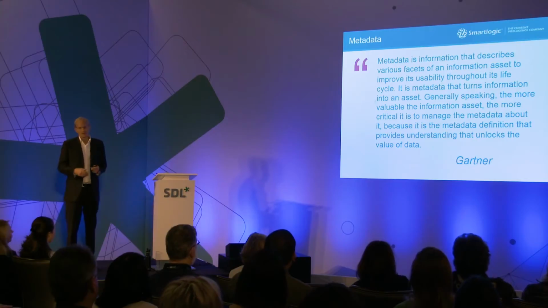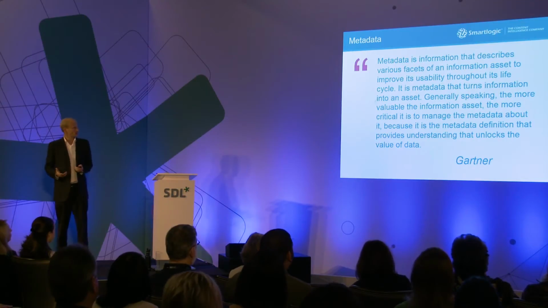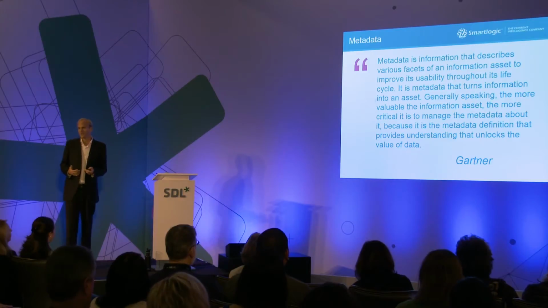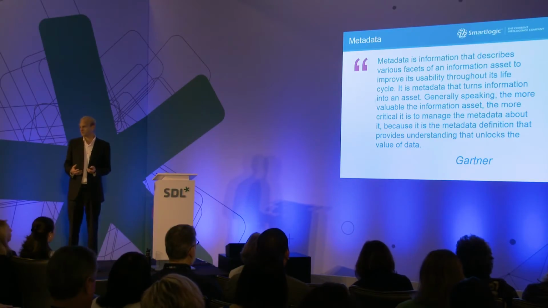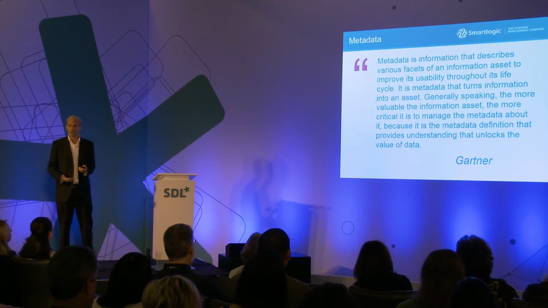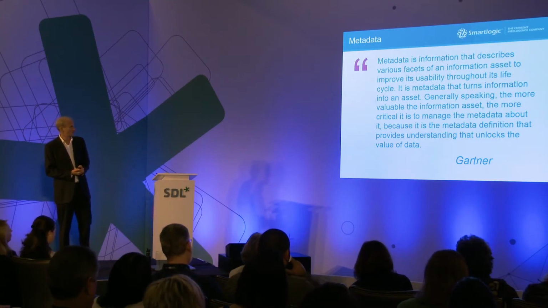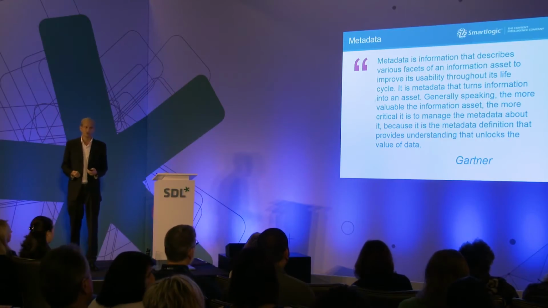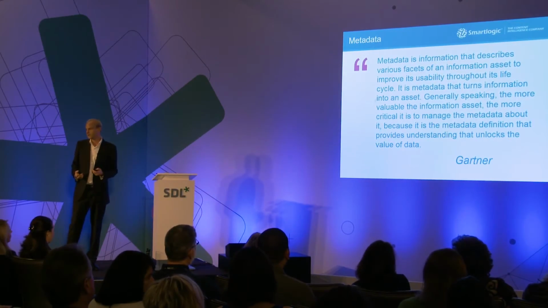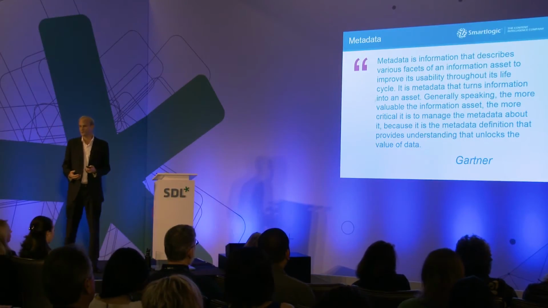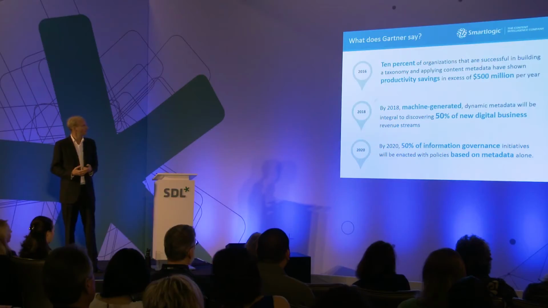So what about metadata? So metadata is really the way that we should describe our content. It's the way that we make content assets really valuable and usable throughout their whole life cycle, and particularly in terms of the end user experience. So the more important a piece of content is, the more important it is that it has the right metadata that describes what that content is, who it's for, how it can be used, and so on.